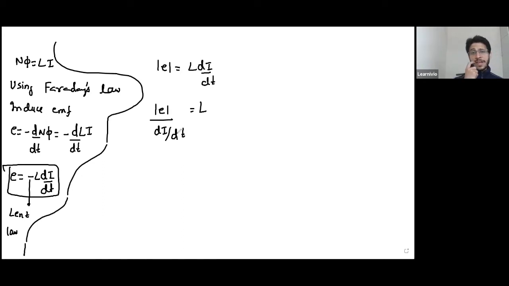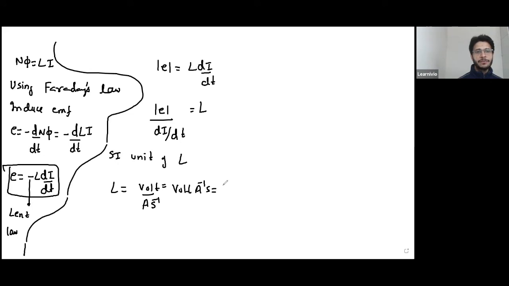Now, if I take the SI unit of L, it is volt divided by di over dt, which is ampere per second. You can take this second in the numerator. It will be volt second per ampere, and that we call Henry. So for both mutual as well as self-induction, the SI unit is Henry.